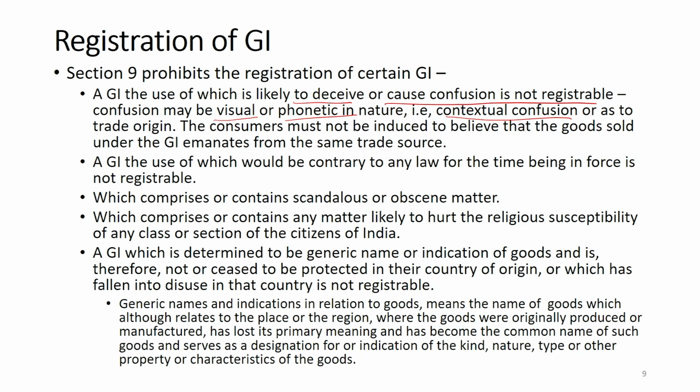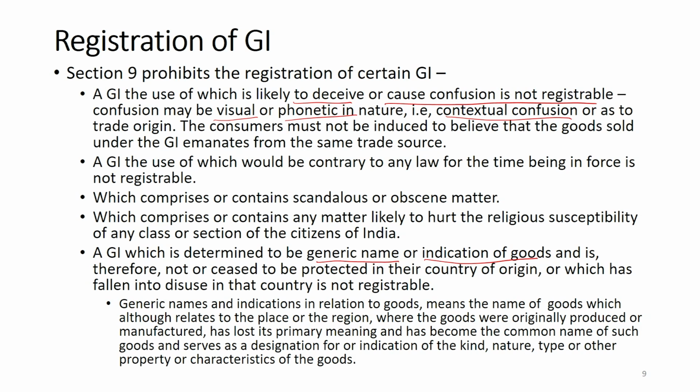A GI which comprises or contains any matter likely to hurt the religious susceptibility of any class or section of the citizens of India is not registrable. A GI which is determined to be a generic name or indication of goods, and is therefore not or ceased to be protected in their country of origin, or which has fallen into disuse in that country, is not registrable.